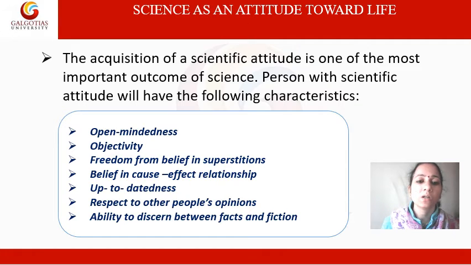There should be a certain cause of this act. Or if the cause is there, then there will be an effect of that particular thing. So a scientific attitude gives us belief in the cause and effect relationship.